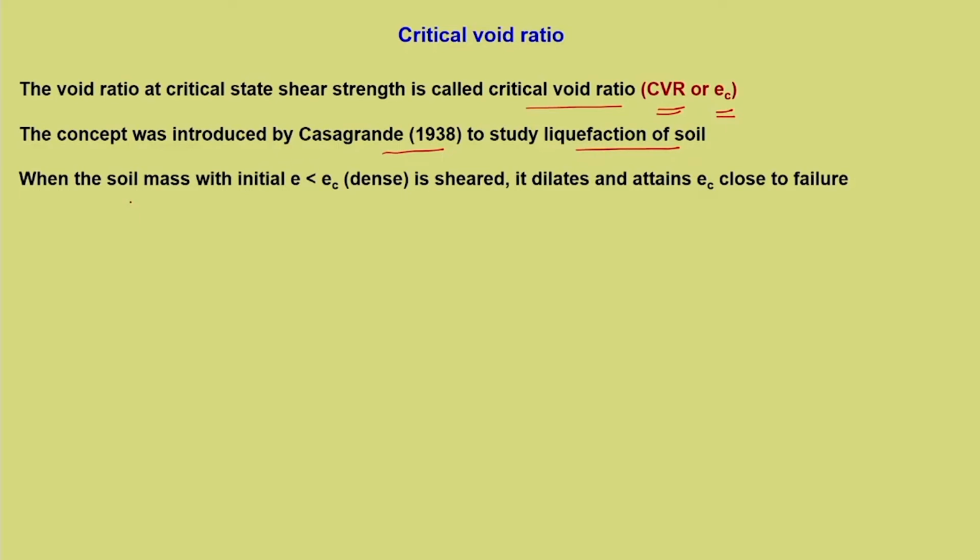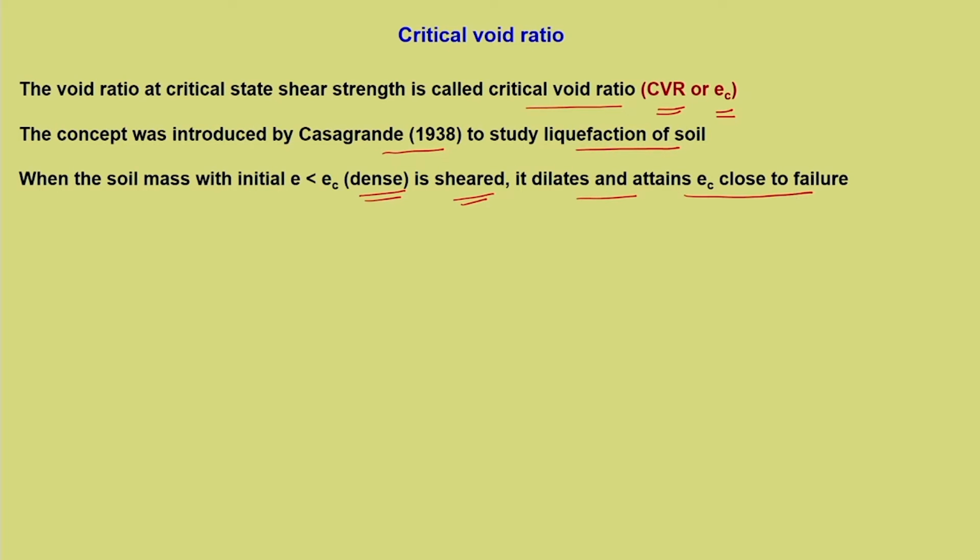What it states is that when the soil mass with an initial void ratio less than EC, EC is the critical void ratio, that is a dense state, when it is sheared, it dilates and attains EC close to failure.